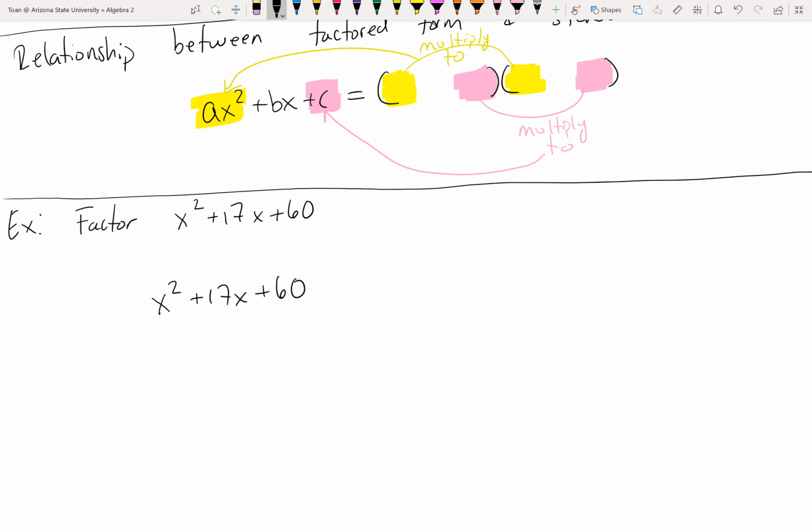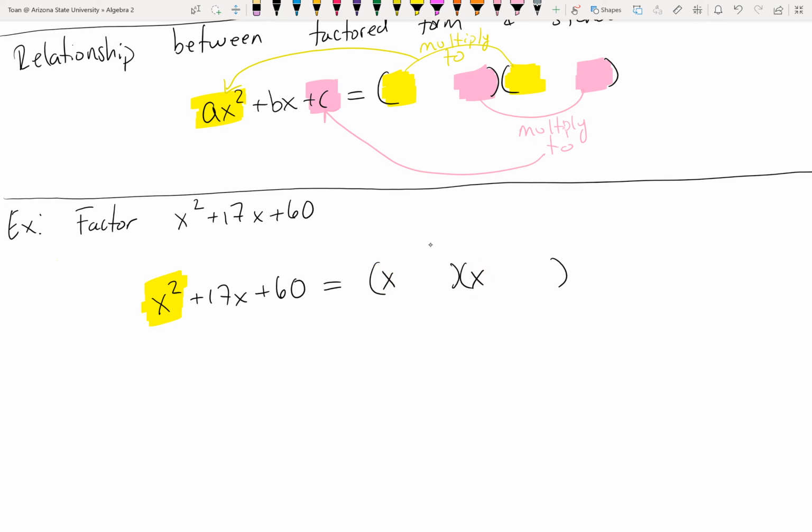If this guy is factorable, we know that the answer should be 2 parentheses. And we also know that whatever we put in the first slot has to multiply to the first term. Well, since the first term is always going to be a simple variable squared, an x squared, there's only one way I can multiply two things and get x squared. It's simply x and x. Right?